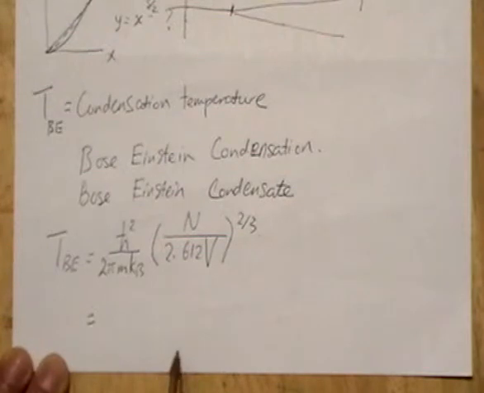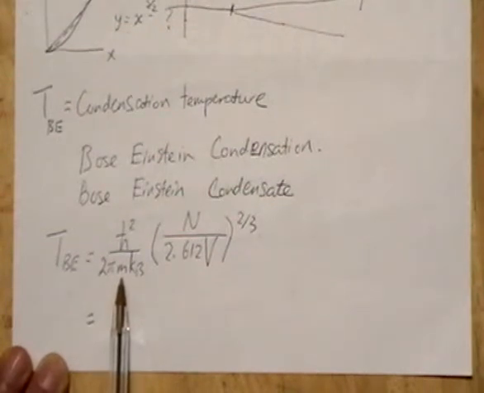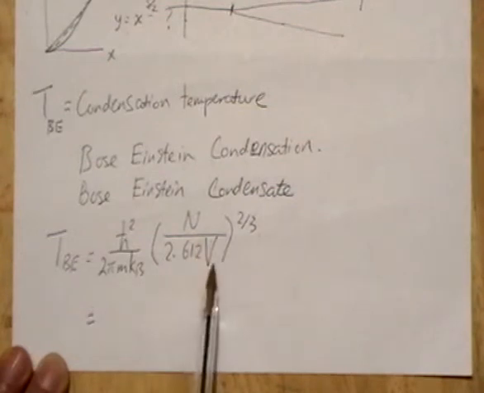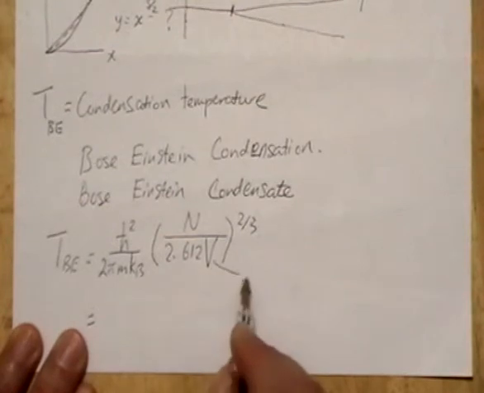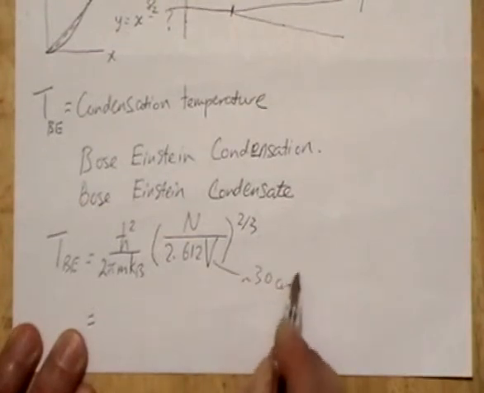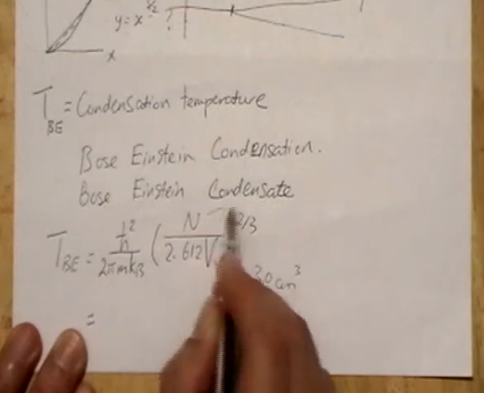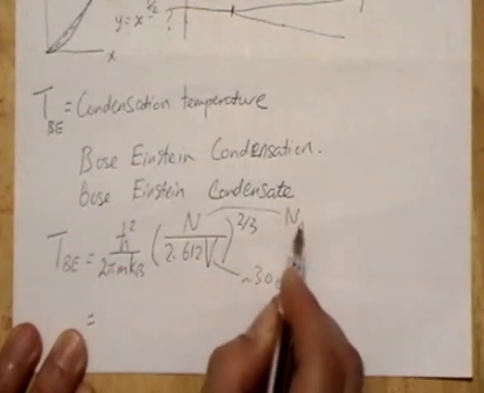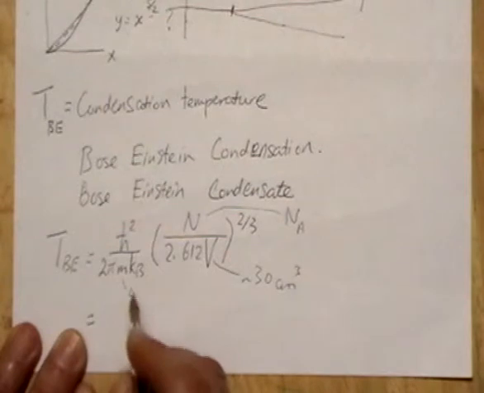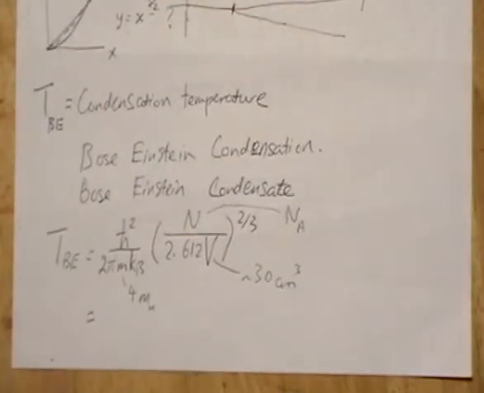In the case of liquid helium, we know these numbers. That would be the mass of the helium-4 atom, and we can actually Google for the volume of 1 mole of liquid helium-4, which is about 30 cm cubed. Here N is the Avogadro constant, and m there is 4 times the atomic mass unit.